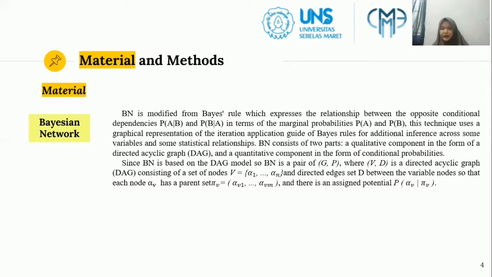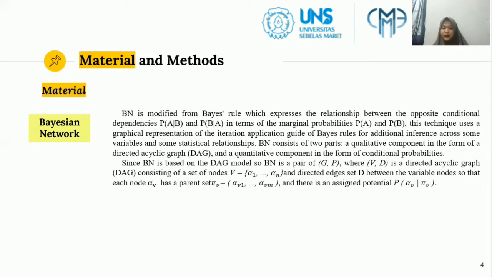relationship. Bayesian network consists of two parts. A qualitative component in the form of a directed acyclic graph or DAG, and a quantitative component in the form of conditional probabilities.